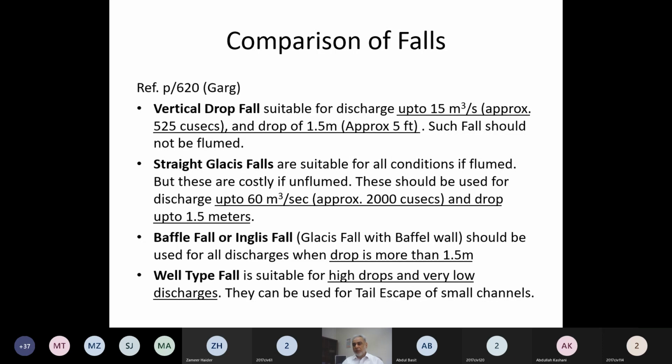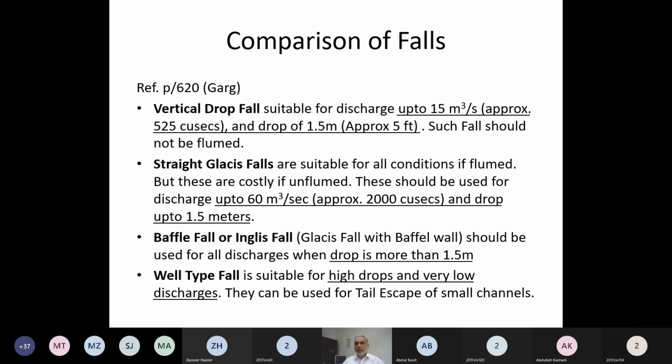It can be shaped with one part vertical and one part given a slope, and we call that a dentated sill. Not the whole wall is solid, but it has some opening in between. So we call that a dentated wall or dentated sill. That is one group of the devices.